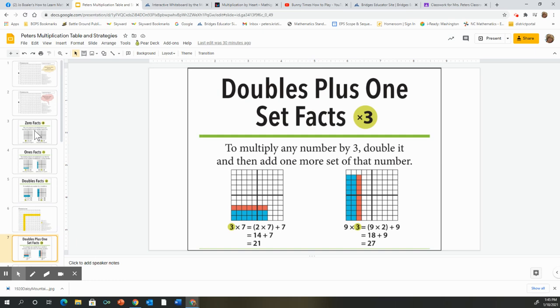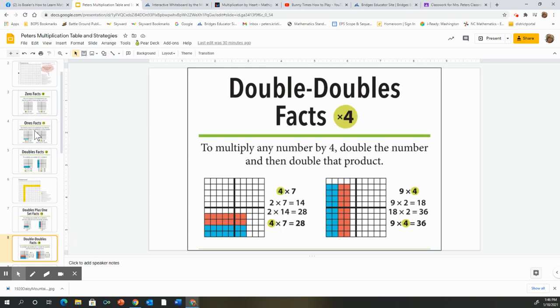Then we begin to build on doubles facts. So if we know our doubles, we can think of times 3 facts as a double plus another set. And then we also talk about the commutative property. So we want kids to understand that if I get a fact like 9 times 3, I can think of that as 3 times 9, and I'm still going to get the same answer. So we talk about doubles plus one set facts.